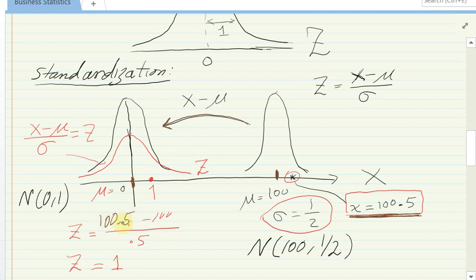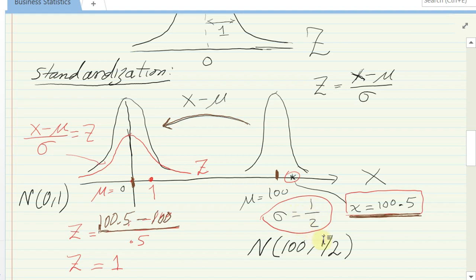100.5. You subtract the mean of 100 and divide by the deviation of 0.5, and that will standardize this variable into a z-score of 1. So if you look at both ways, a score of 100.5 in the right distribution, because the deviation is 0.5, is 1 deviation above the mean, correct?